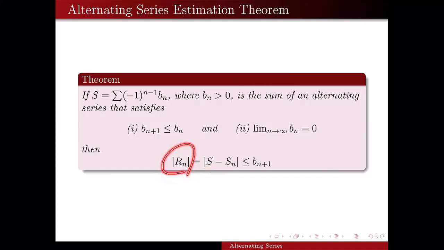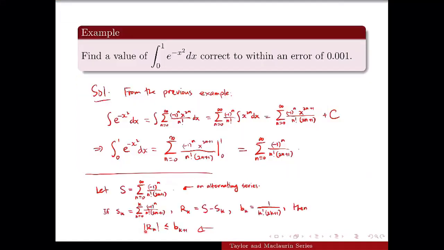The absolute value of R sub n will be less than or equal to B sub n plus 1. Okay? So in here, R sub k is less than or equal to B sub k plus 1, where our B sub k's are these guys here.